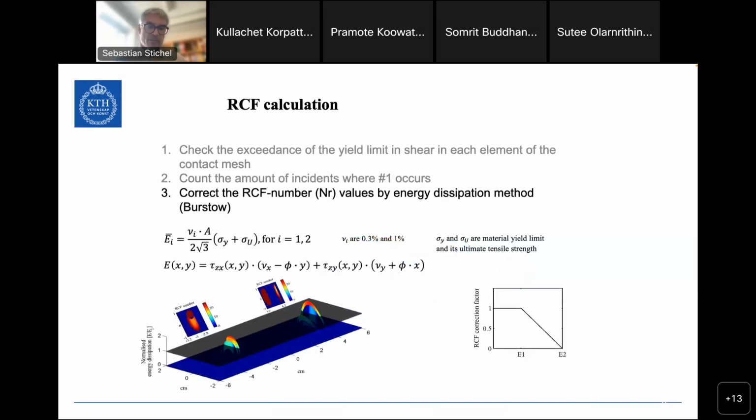As I said in the very beginning, wear can help to reduce crack growth. So we also correct the crack growth with the amount of wear we have.